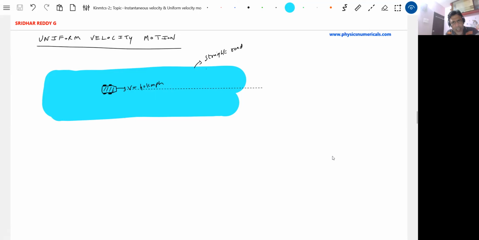So you can start giving the values. So t equals 0, it is here, after some time t. Then for every 1 hour, let me draw separately. Car only I'll draw, easy for me to draw.